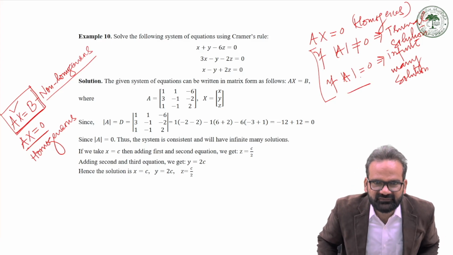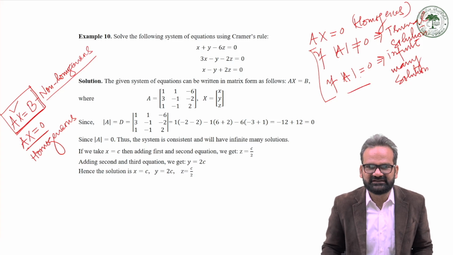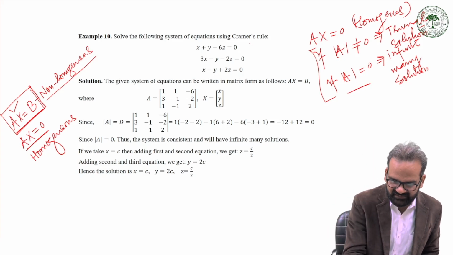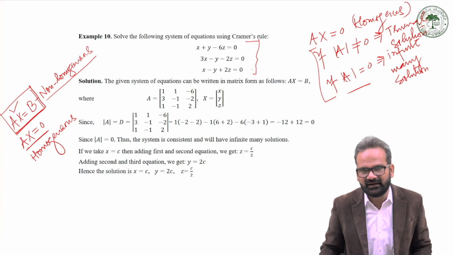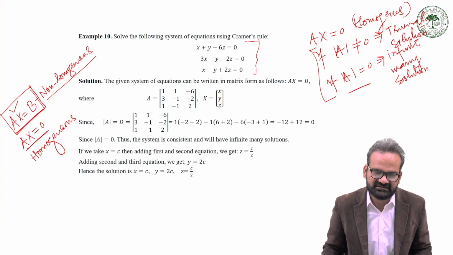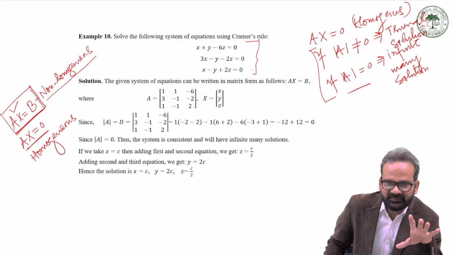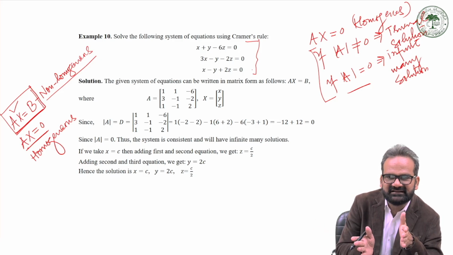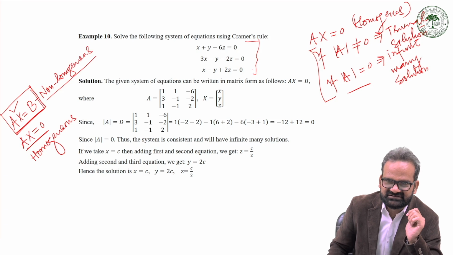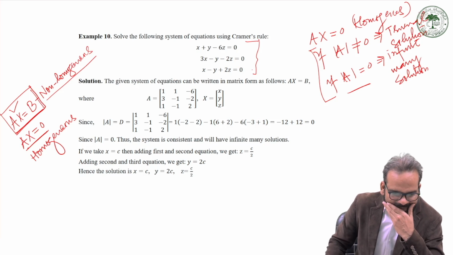Solve the following system of equations using Cramer's rule. We have given three equations in three variables x, y, and z. Solution of this system means determine the values of x, y, and z which simultaneously satisfy all three equations, right?